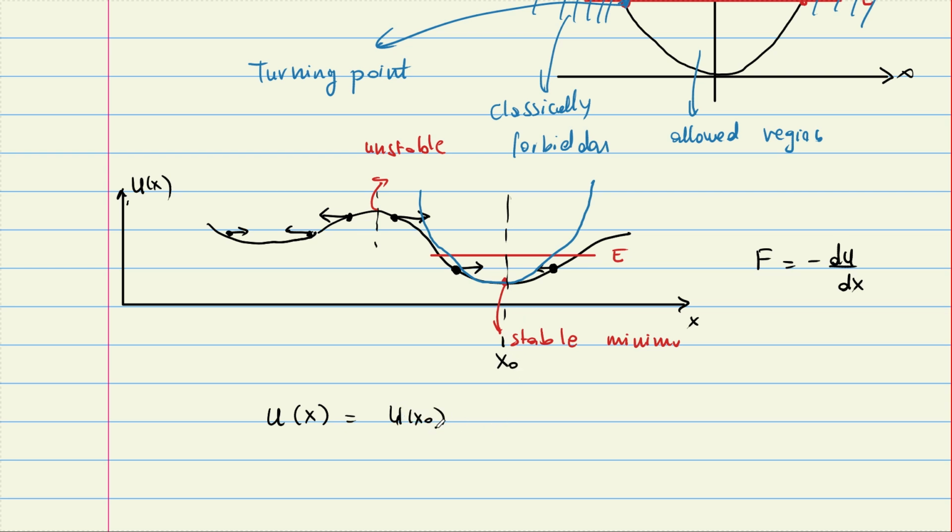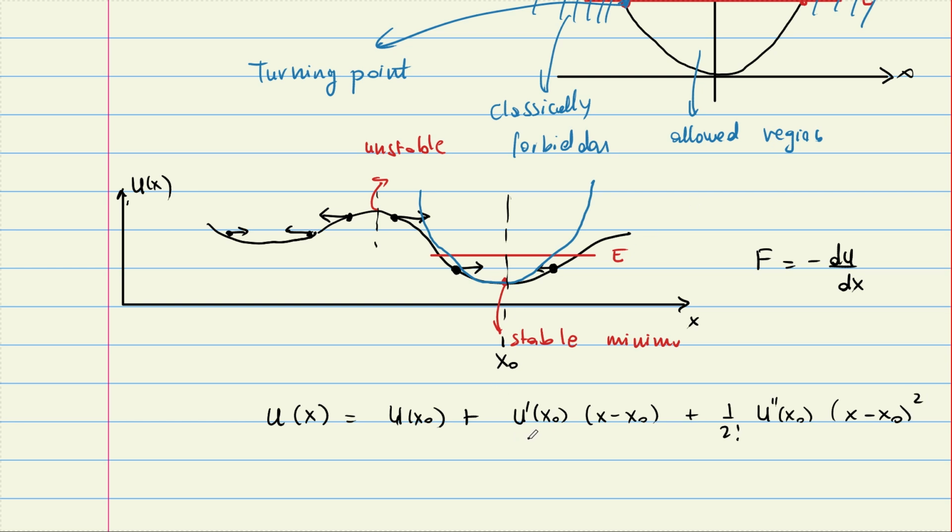So U of x naught, and I'm looking at small deviations from U of x naught, and the first one is the derivative of U at x naught times x minus x naught, plus 1 over 2 factorial times the second derivative of U at x naught times x minus x naught squared, something like that.